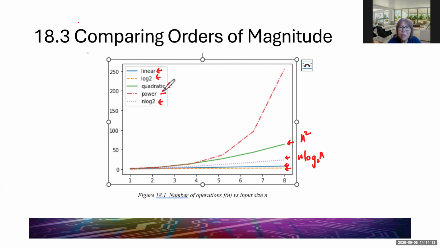And the worst case is the power, which grows too fast. So from this visual comparison, we can also see that a preferable algorithm is going to be in this lower part, not this one.